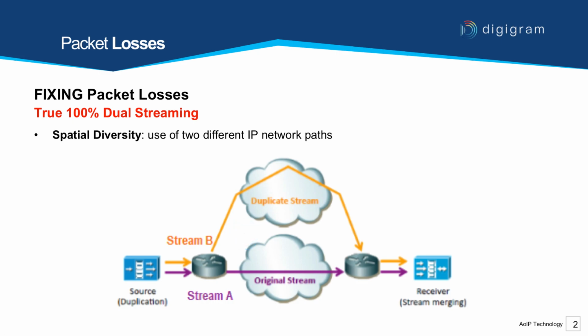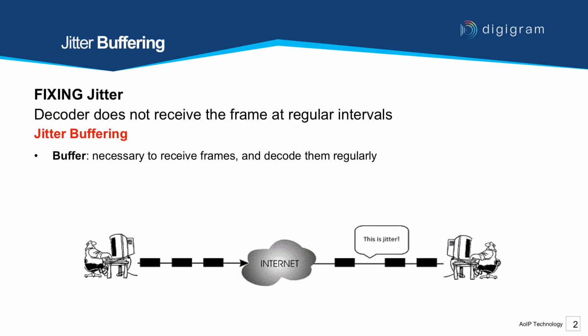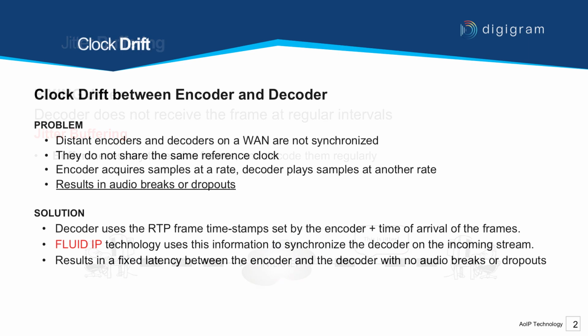So it's very powerful. So those three things, again, are most adaptable solution, forward error correction, and true 100% redundant streaming. In addition, Fluid IP fixes jitter. It also manages the clock drift that we referred to.